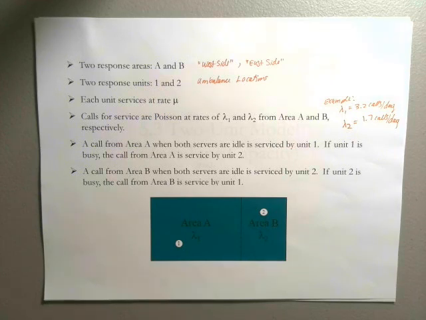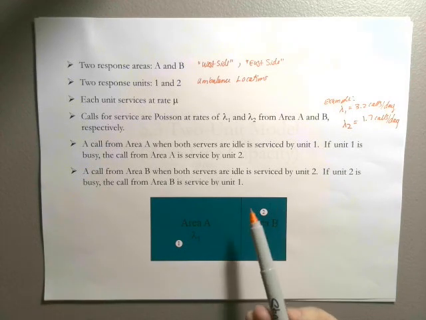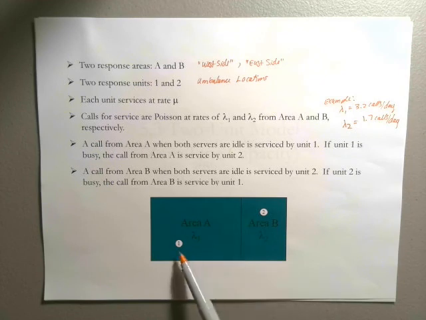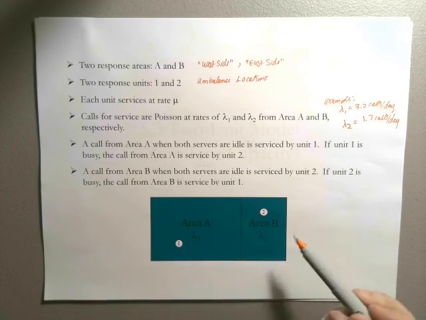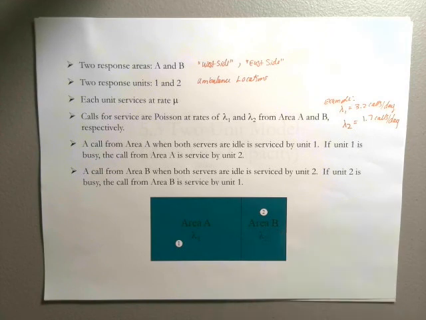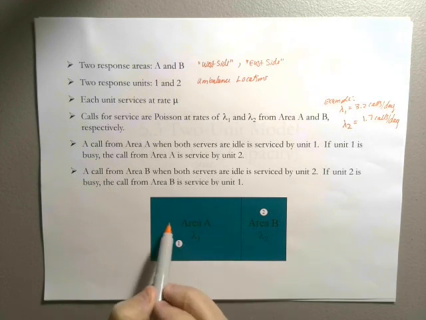So a call from area A, when both servers are idle, is going to be dispatched or serviced by unit 1. So if I get a call in area A, I'm going to send ambulance 1. If I get a call from area B, I'm going to send ambulance 2. Now what happens if ambulance 1 is busy, and then I get another call from area A?